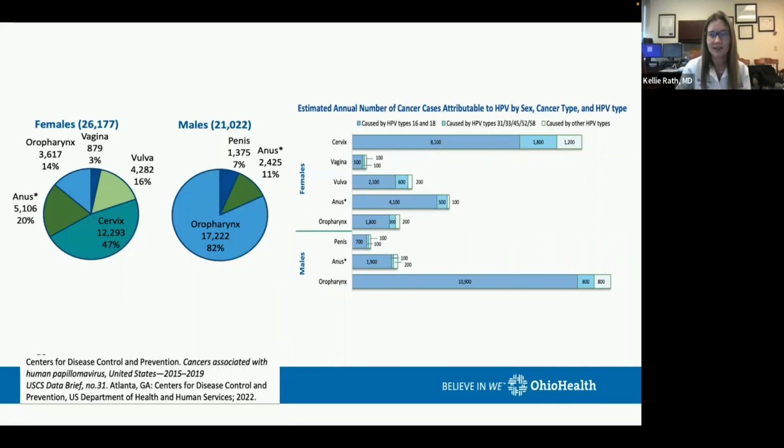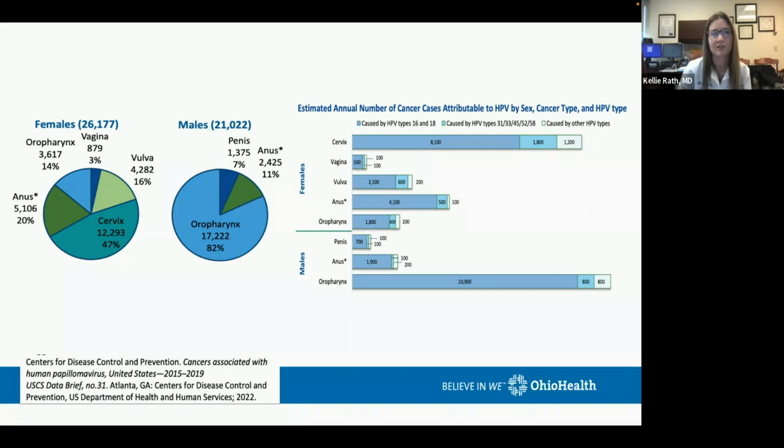When you look at the right side of the chart, you can see the different cancers associated, and in the darker blue, the first column, the majority of these cancers are caused by either an HPV 16 or 18 infection, with the others being caused by 31, 33, 45, and then other high risks being the smaller portion.